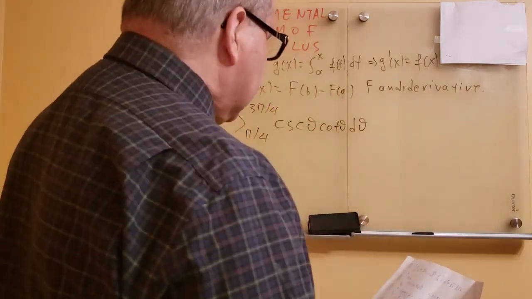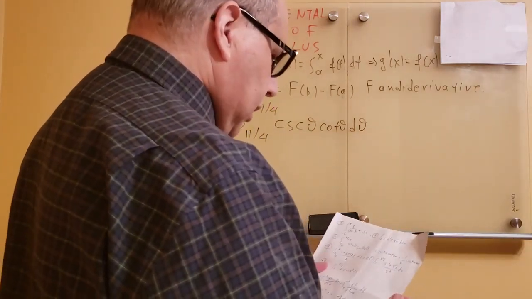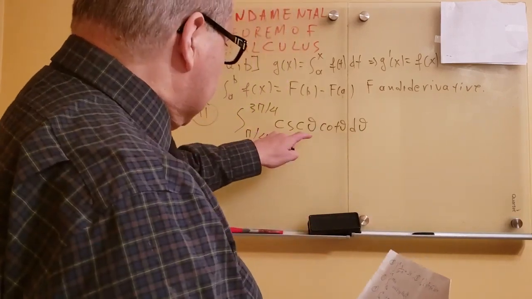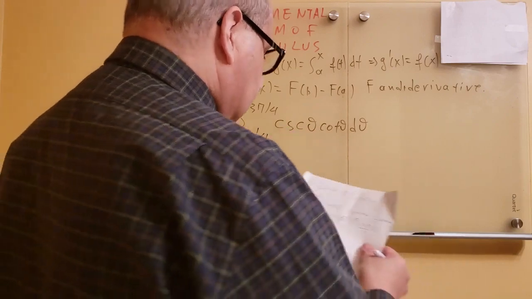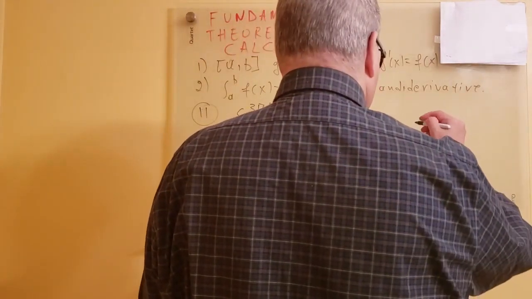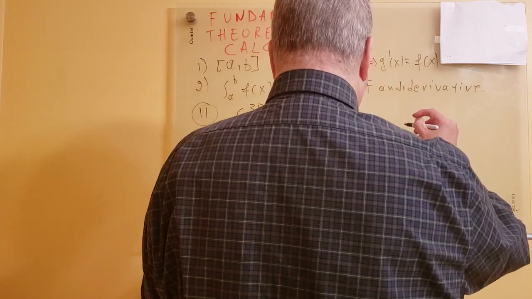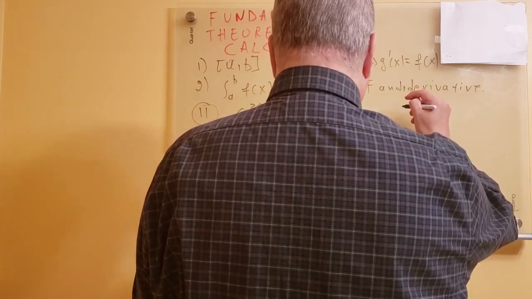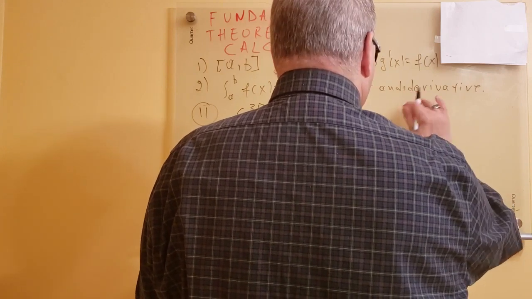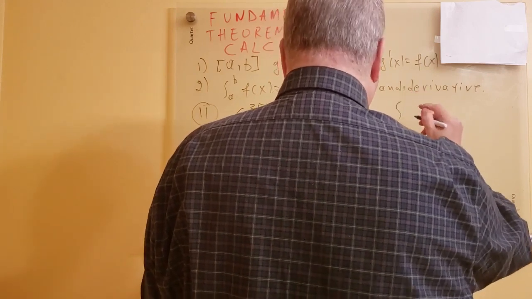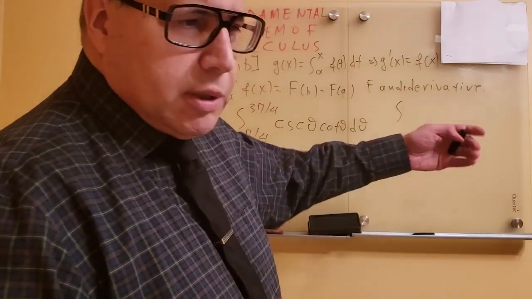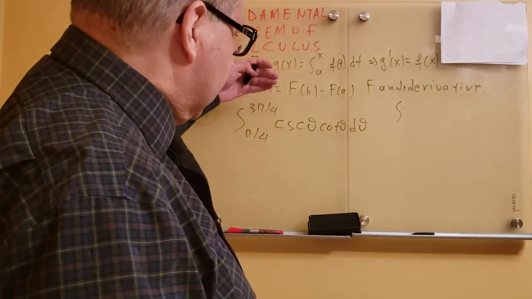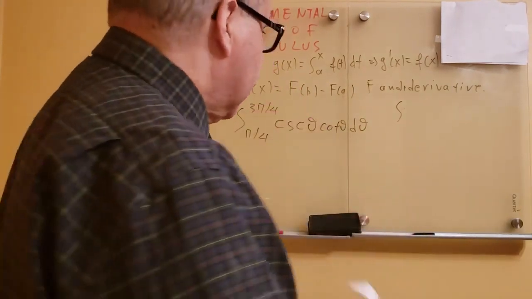That's pretty easy, because from the previous section we know the antiderivative of this. The difference between the antiderivative and the definite integral is that the definite integral has limits, okay?